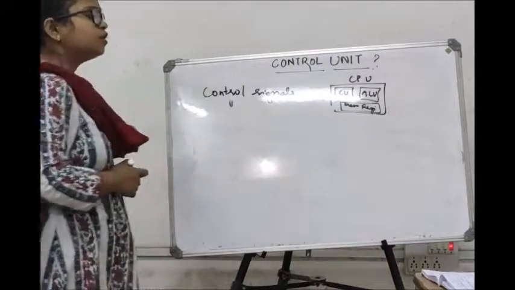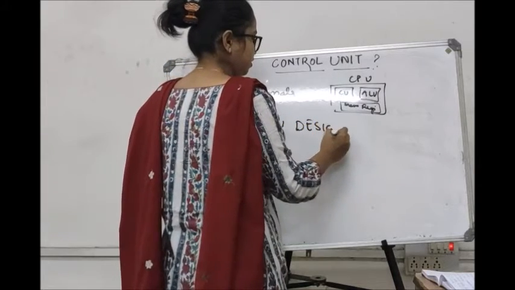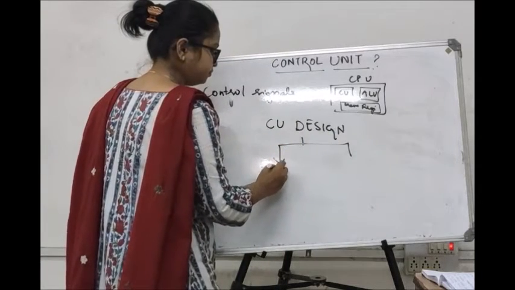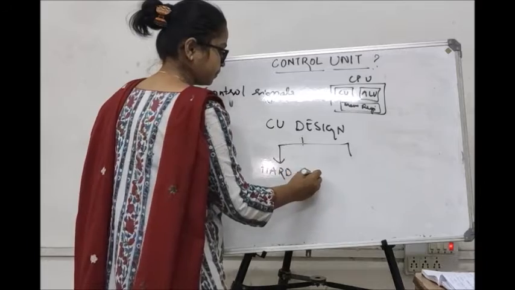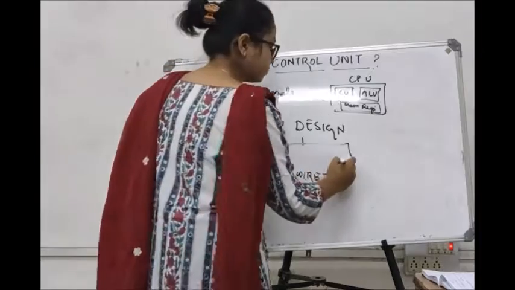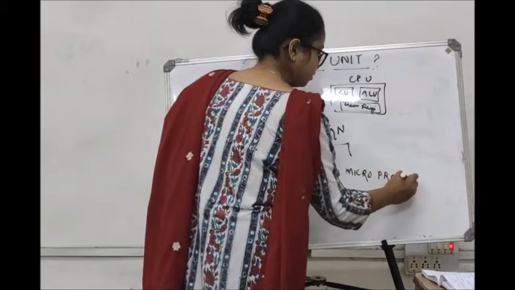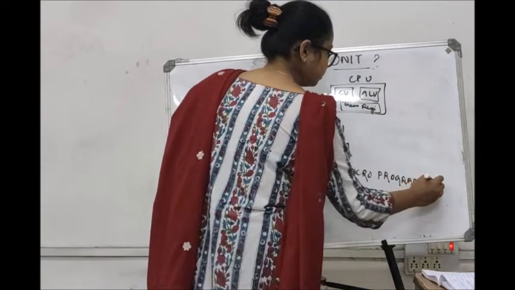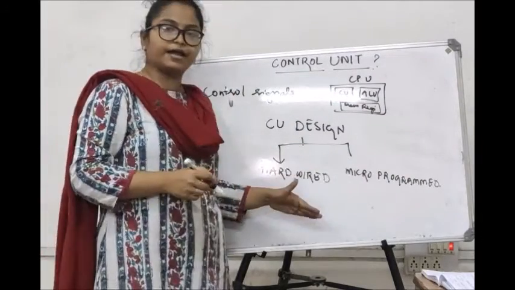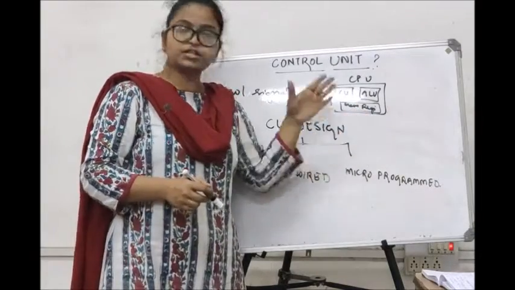Now, control unit design can be done in two ways: one is hardwired and the other is microprogrammed. What is the basic difference between these two? In hardwired, the computer functions purely through hardware.